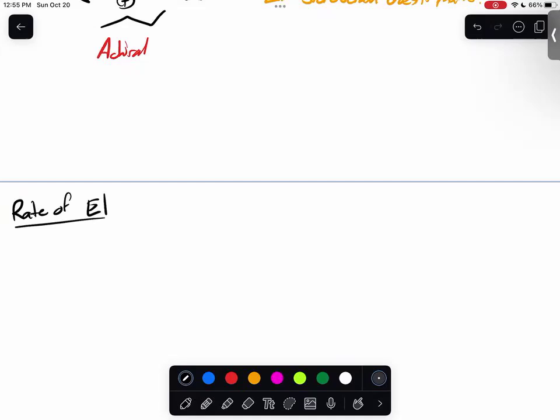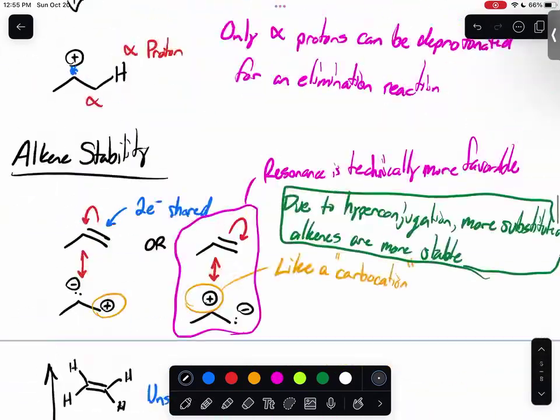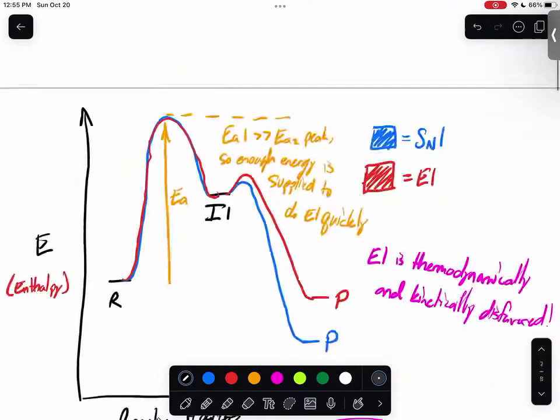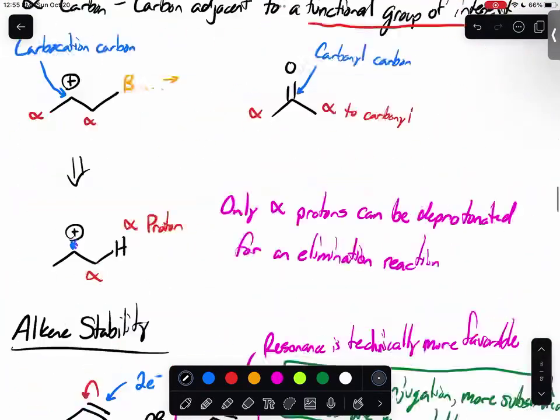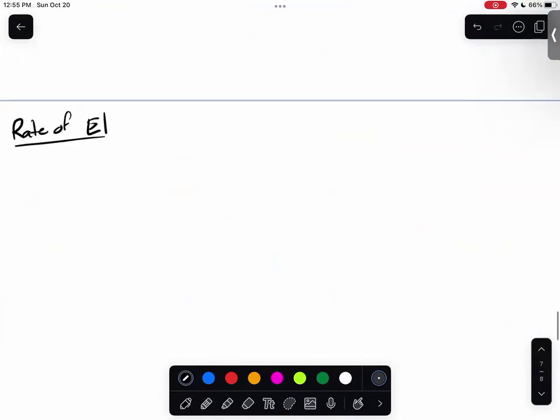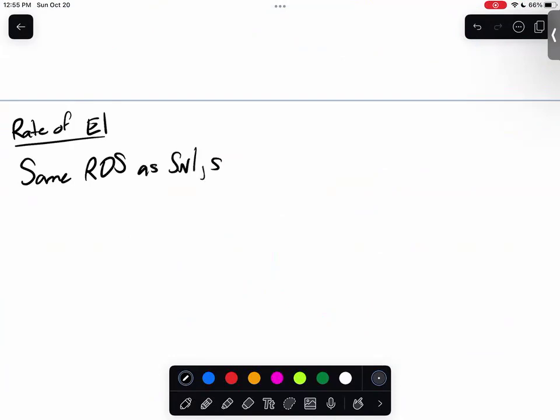Because notice even up here at the top when we originally referenced SN1 versus E1, notice how we talked about the activation energy of the first step's peak is so much higher than the activation energy of the second step's peak, which means that it has the same rate determining step. So if it has the same RDS or rate determining step as SN1, that means it is the same rate as SN1, right?